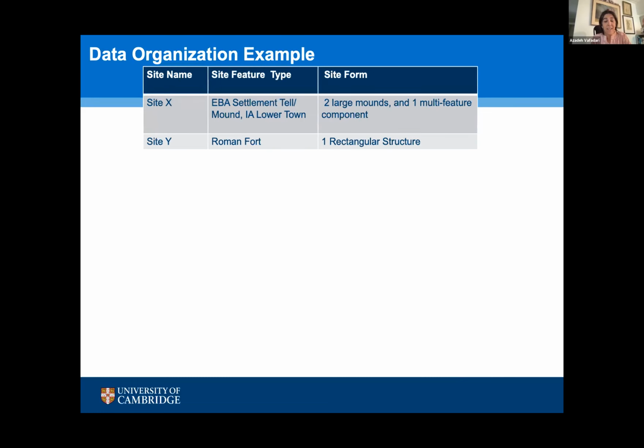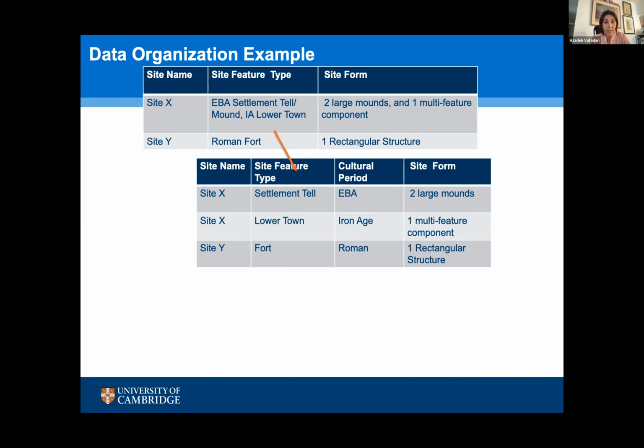So the thing that we as users of the database need to do, before even starting to add information or data into databases, is to start to clean and better organize the data, or the legacy data that we have. So in this example, we can separate the period of the sites that we're recording from different types.